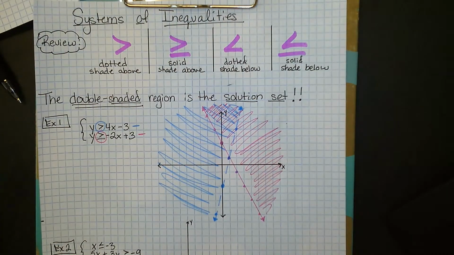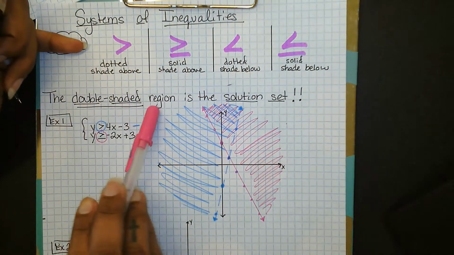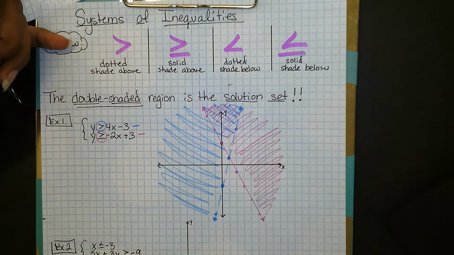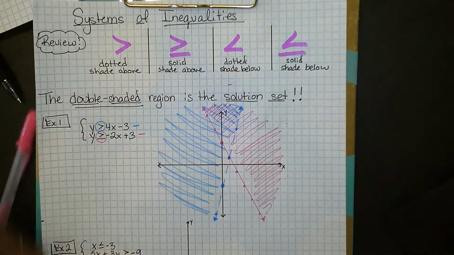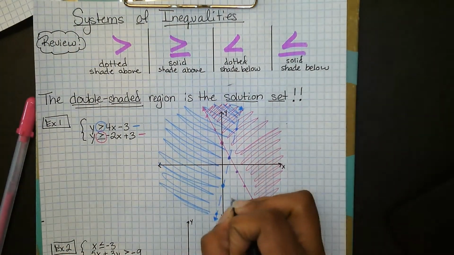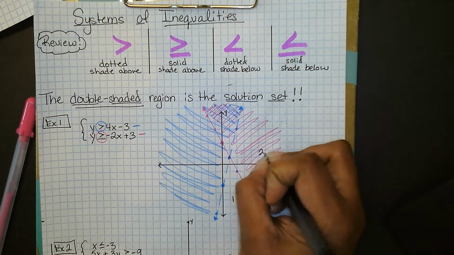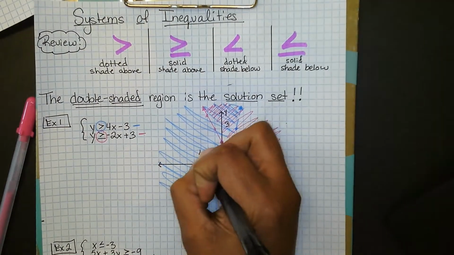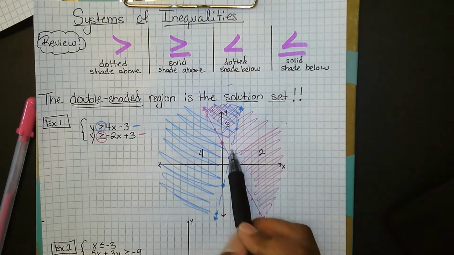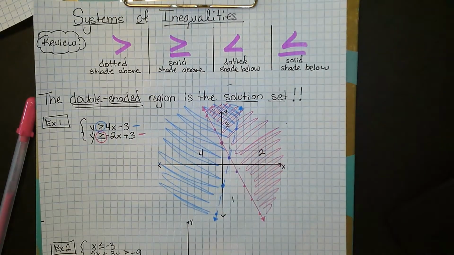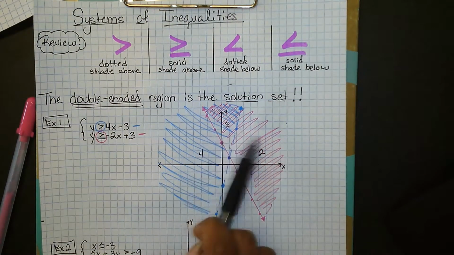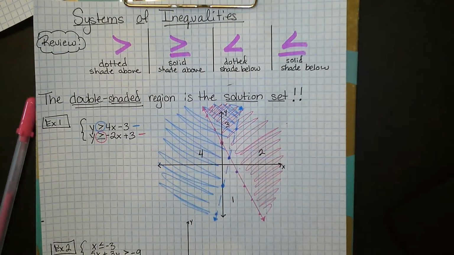So like we already stated, the double shaded region is the solution set. If we were to divide our graph into 4 regions, 1, 2, 3, 4, region 3 would be considered our solution set because there's the overlap of shading with the 2 inequalities.